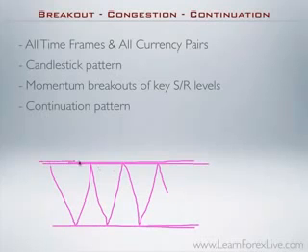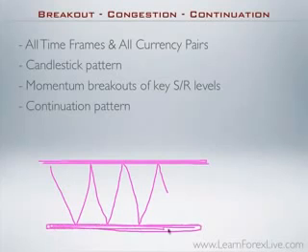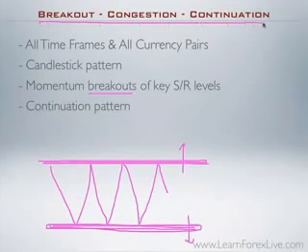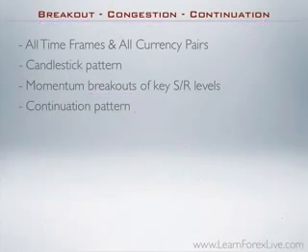Those are our two key levels of support and resistance at that junction of the chart. So what are we to do? We wait for the breakout of either of the two boundaries, either the upper or the lower. And once the breakout takes place, then we can begin searching for our breakout congestion continuation pattern.